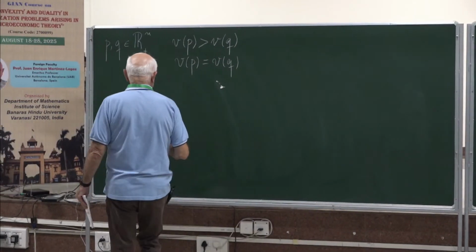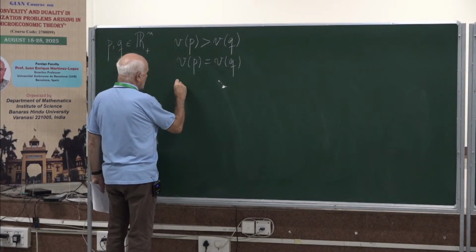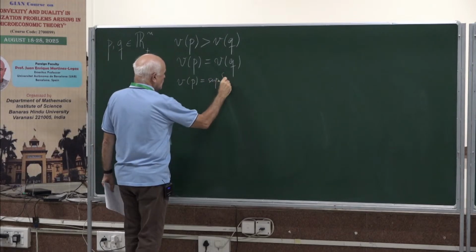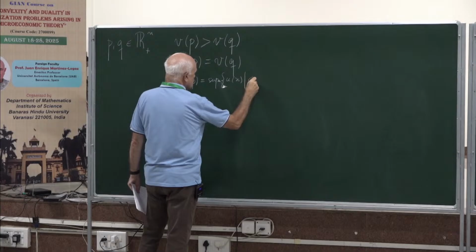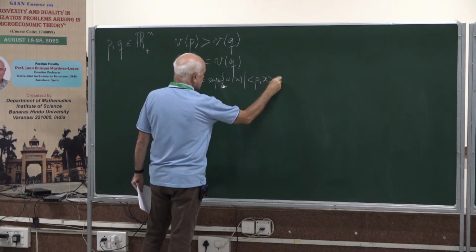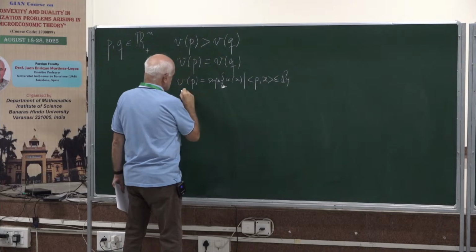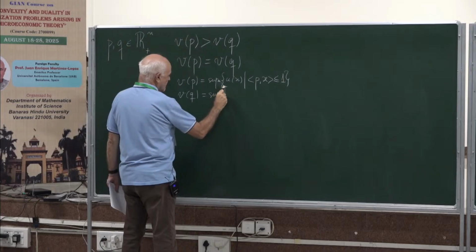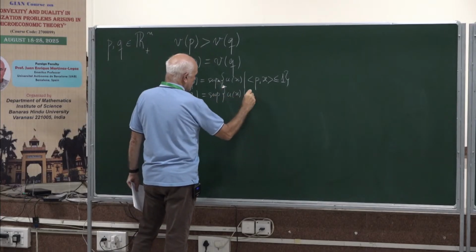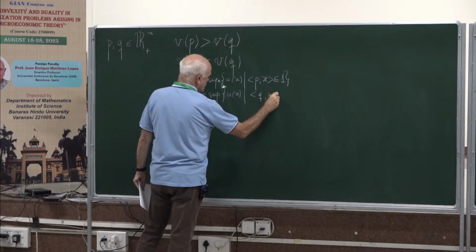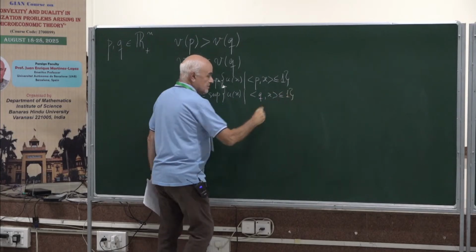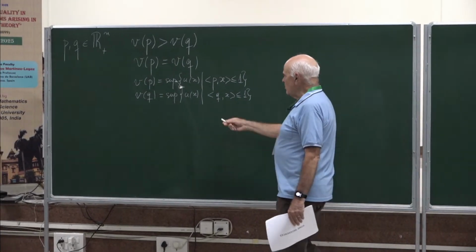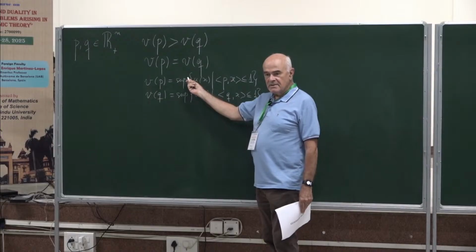Because look at the definition. V of P is the supremum of U of X, our utility function, subject to the budget constraint. And the same, of course, for V of Q. But what if the supremum here is attained and here is not?